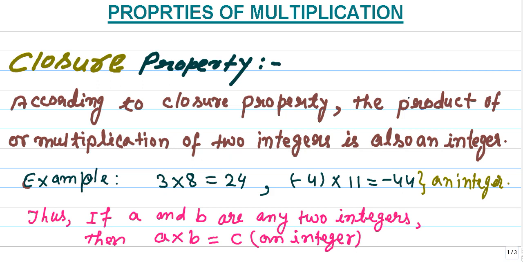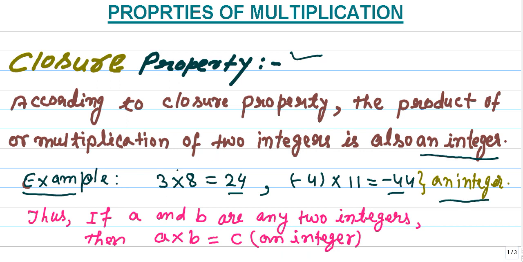The first property in this one is the closure property. According to the closure property, the product of the multiplication of two integers is also an integer. For example, you can see here 3 into 8 equal to 24 and minus 4 into 11 equal to minus 44. Both are integers.